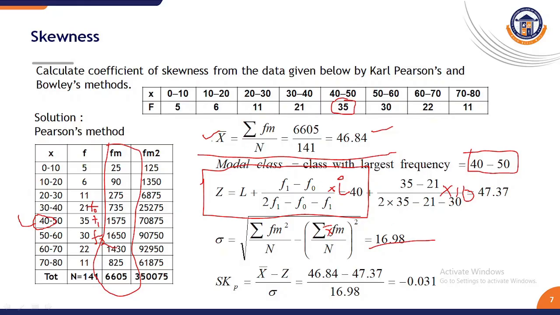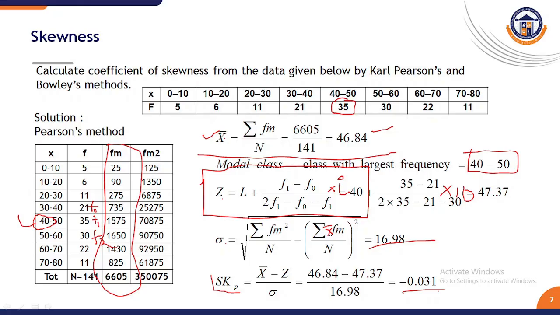Here we have evaluated the mean value, mode value and standard deviation value. Use these values in the Pearson formula, x bar minus z whole divided by sigma. So its skewness value is minus 0.031. This is also a negatively skewed distribution.